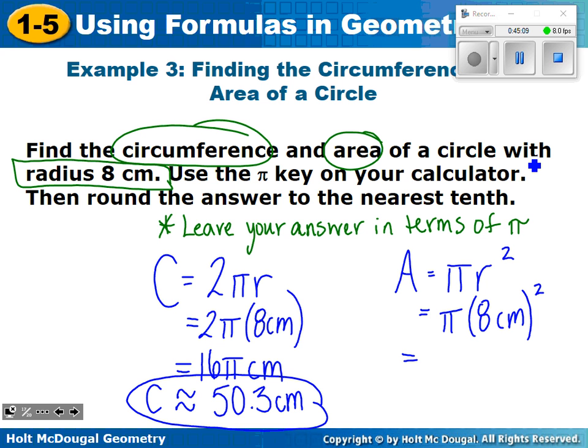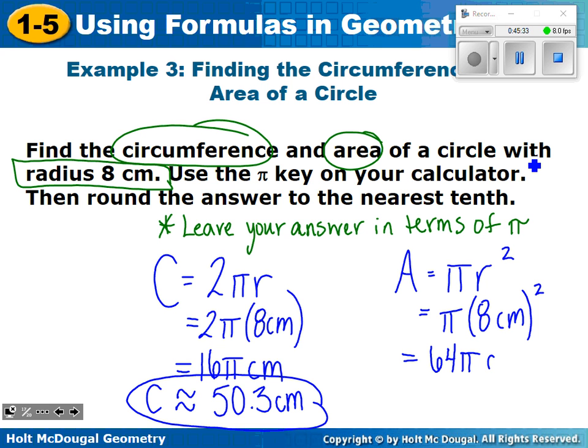What is 8 squared? 64. We're going to leave pi in our answer, but we treat it like a variable. Would you ever say x 64? No, what do you say? 64x, right? X always comes after the number. We do the same thing with pi. If we're not plugging it on the calculator, we put it after the number because we treat it like a variable.